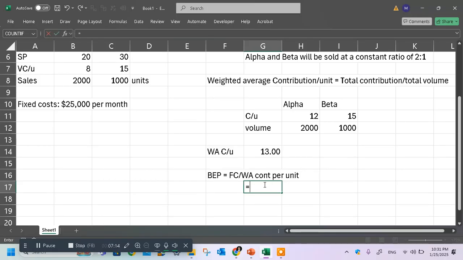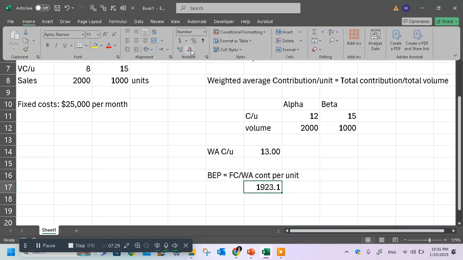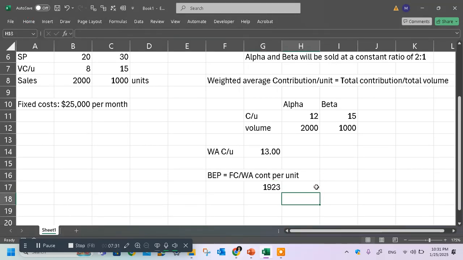Substitute the numbers. Fixed cost 25,000 divided by 13. So you get 1,923 units as your break-even point.